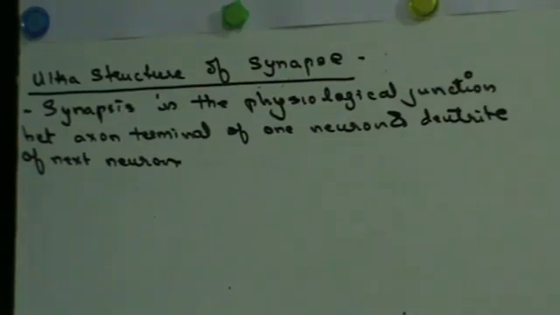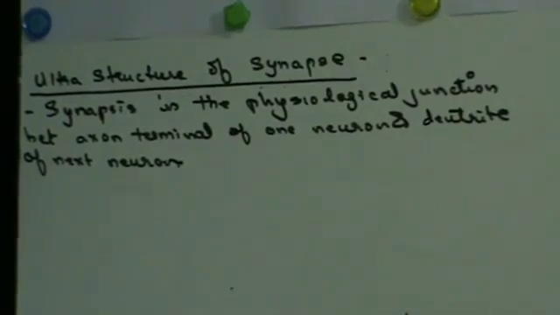Now, the axon terminal of one neuron comes into close proximity with the dendrite of the other neuron, but there is no actual continuity between the two neurons.